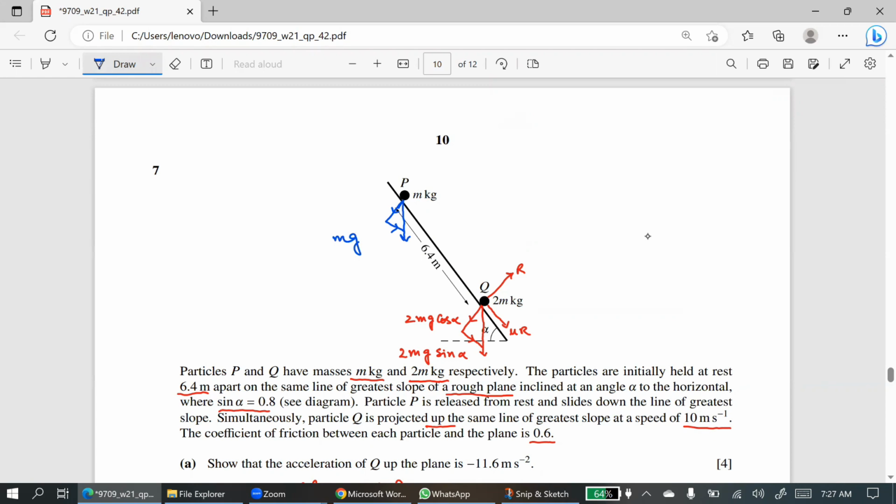Along the plane, the component is mg sine alpha, and perpendicular to the plane, the component is mg cos alpha. This particle is moving downwards, so the frictional force is mu R and acting in the upward direction. Here is the normal reaction for the particle P.